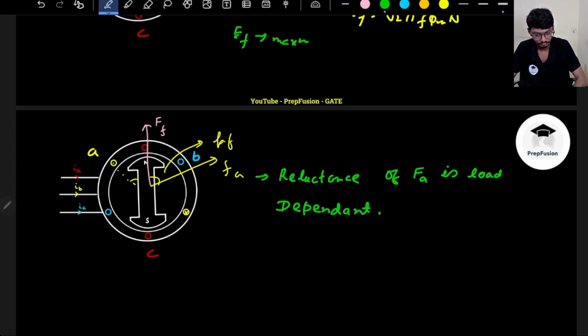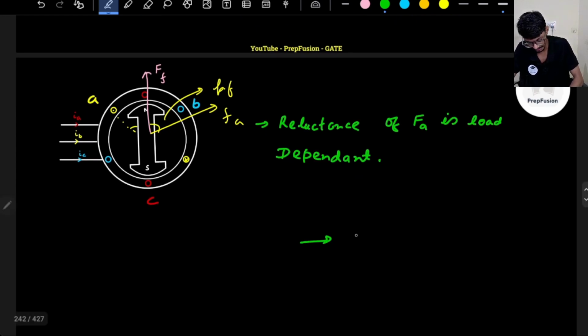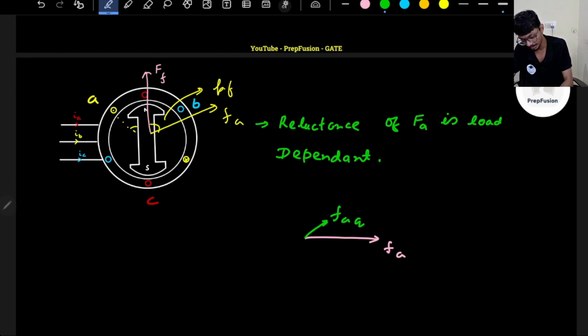Okay, so this was the important point. So here the armature mmf Fa has two components. One component will be a quadrature component FAQ, which is perpendicular to the field flux.